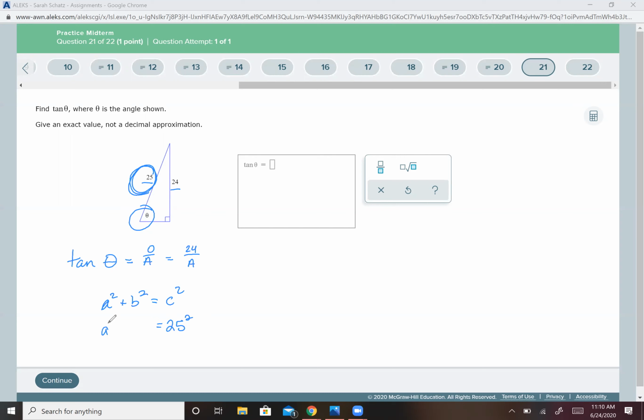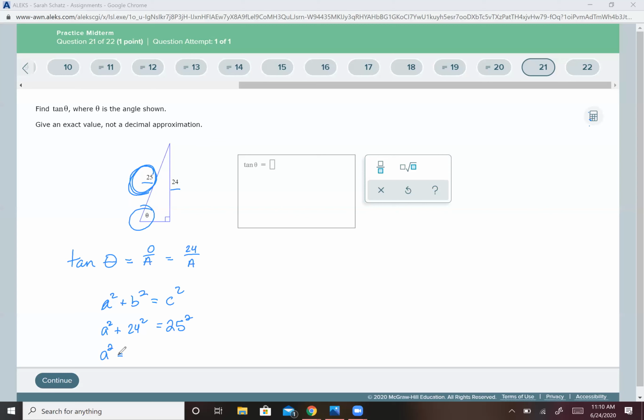So let's say I don't know A or B. It doesn't really matter which one's which. So I have this, a squared plus 24 squared equals 25 squared. So let's see, what's 24 squared? Where is my calculator?